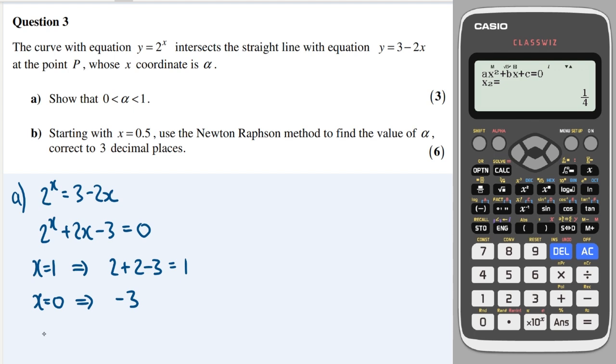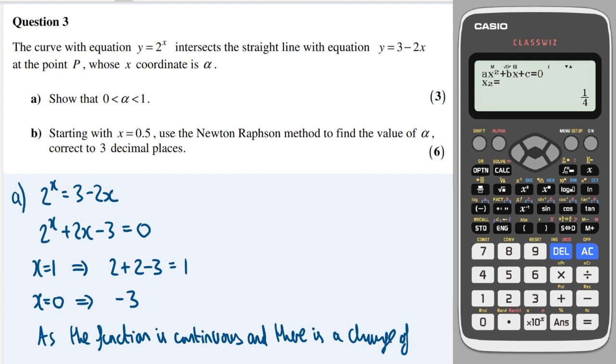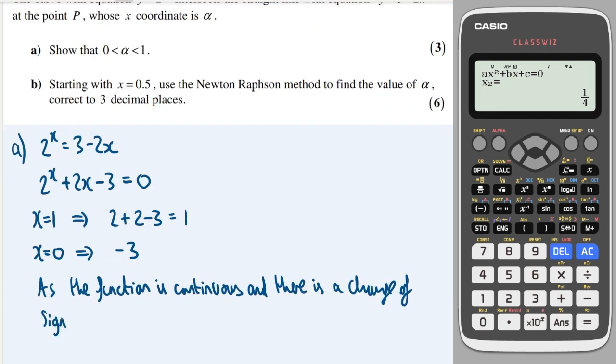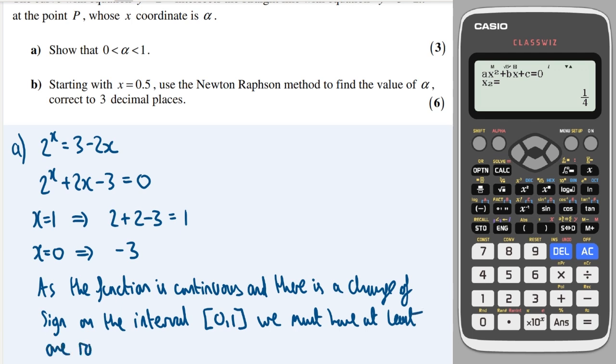Okay, so we can say that as the function is continuous and there is a change of sign on the interval between 0 and 1, we must have at least one root.